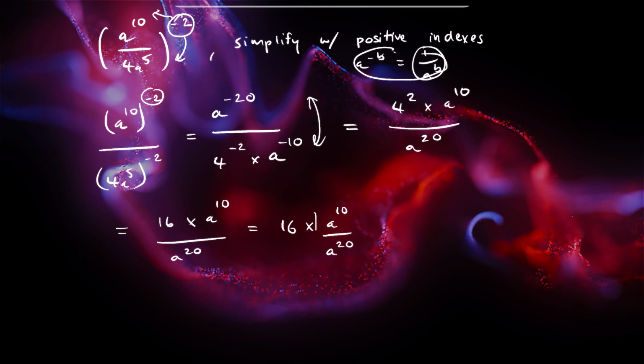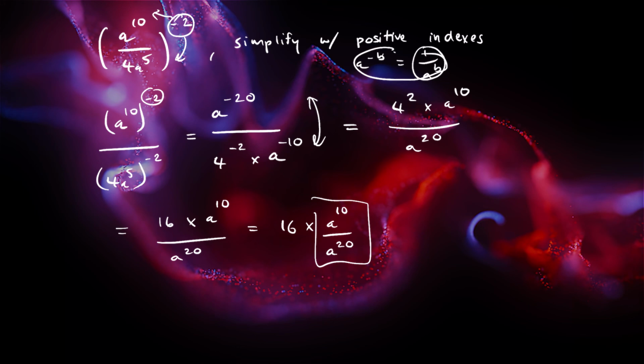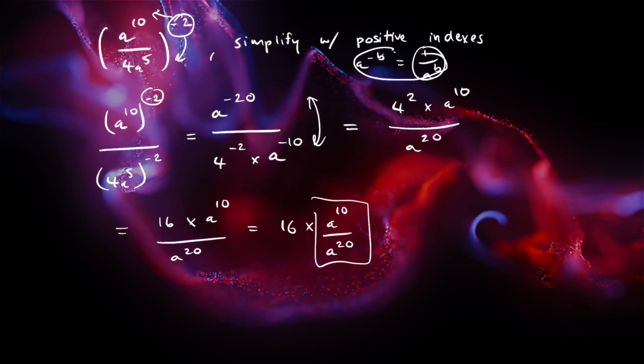Now, if you remember our quotient rule, this tells us that if we've got a to the power of 10 over a to the power of 20, we can subtract this 10 from this 20.